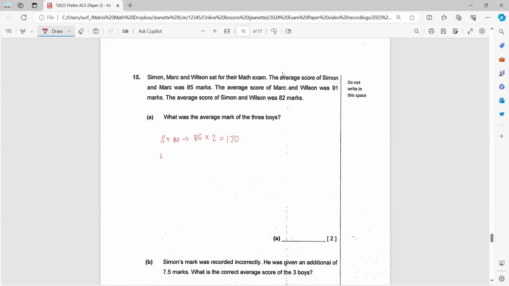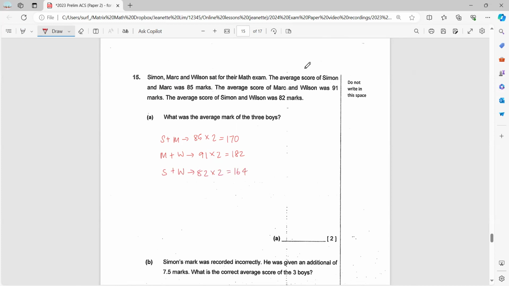Then the next one is Mark and Wilson. 91 times 2, 182. And Simon and Wilson. So the three possible combinations we have.